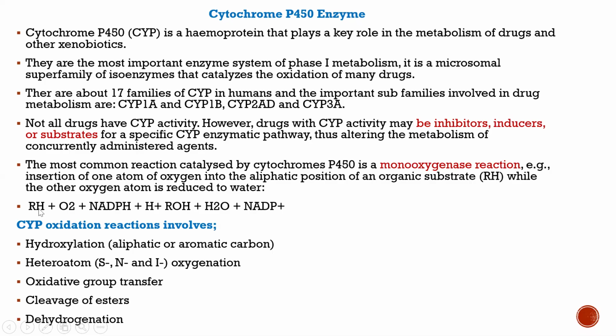So this is the chemical reaction of cytochrome P450, where there is insertion of oxygen leading to production of water. I think this chemical reaction is not quite correct. There's supposed to be an equals sign here, where there is addition of oxygen leading to production of water and then reduction of NADPH.